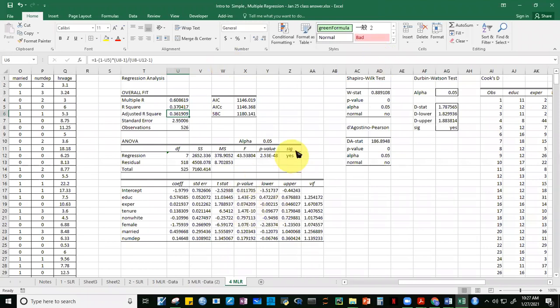Okay, Model 2. Thank you, Nicole. Model 2, no? Model 2, kasi mas mataas yung adjusted R squared niya. Ibig sabihin, yung model natin kayang i-explain 36% ng variation, ng variability ni hourly wage, using our independent variables.